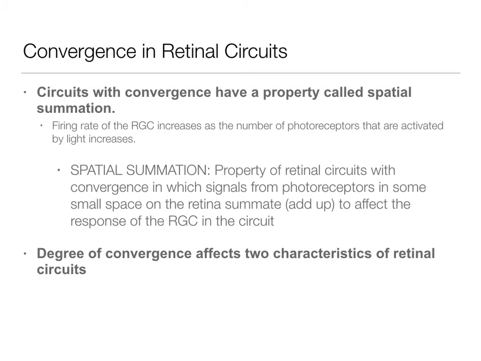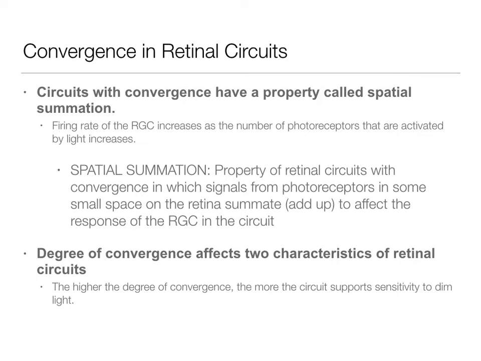And the degree of this convergence is affected by two different characteristics. Okay, so the higher degree of convergence allows for more dim light. So remember, if there's not much light coming in, if that light is hitting 5 photoreceptors and they're all going to 1 RGC, we're getting an increased firing rate, okay? Whereas if it's just going to 1 photoreceptor, we're not going to get that.